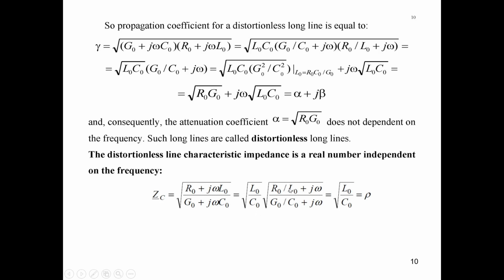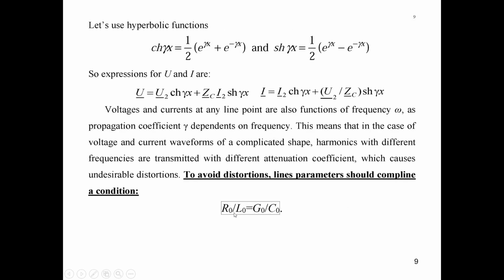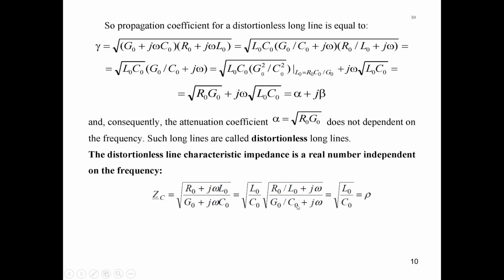As R0 over L0 equals G0 over C0, the expressions in numerator and denominator are equal and may be cancelled, and we will have only the square root of L0 over C0, and it's equal to rho. So in the distortionless line, as I told you, its characteristic impedance will be the square root of L over C. It will be used many times in the future and in our past lectures also.